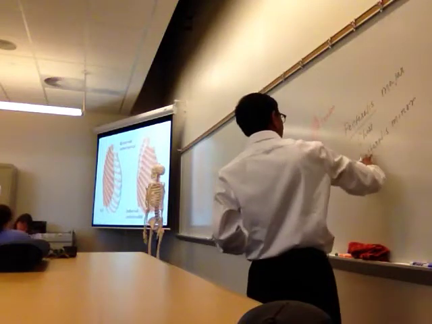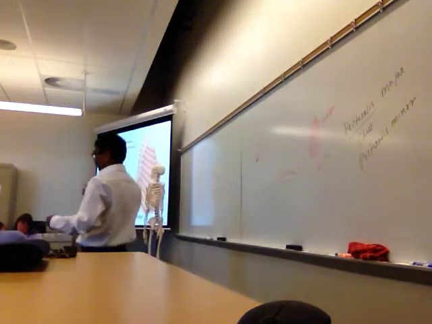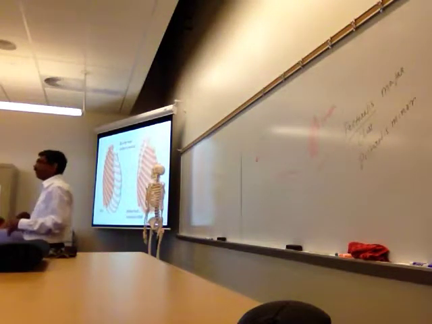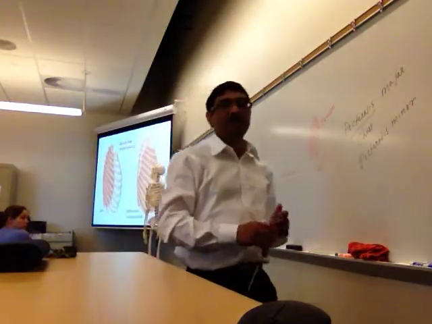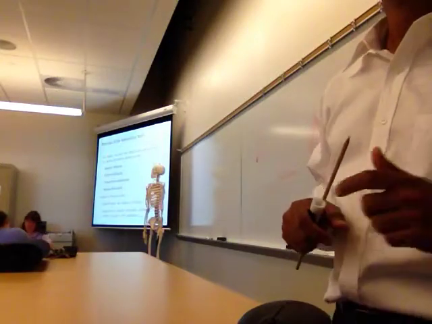Okay, so those are non-respiratory muscles. Those are present in the thorax, but they don't participate in or help in the breathing. Just know that we also have non-respiratory muscles.